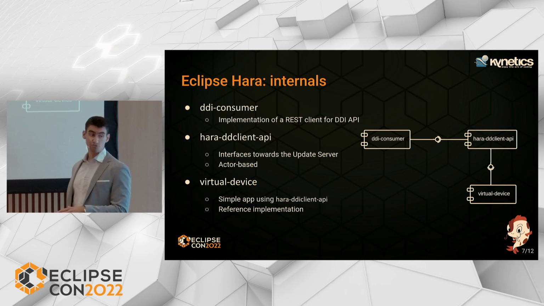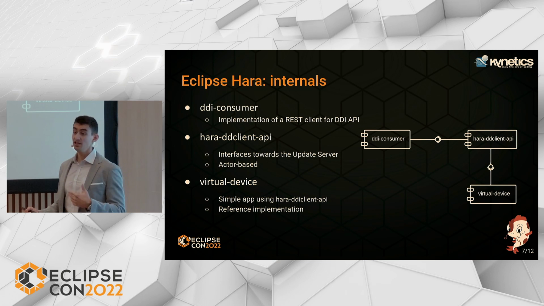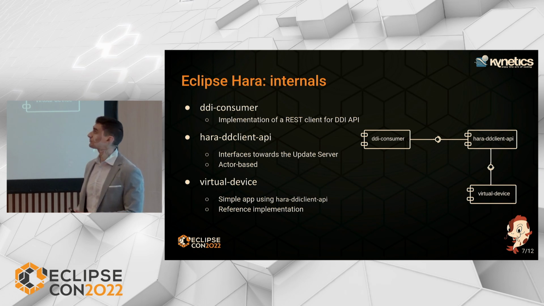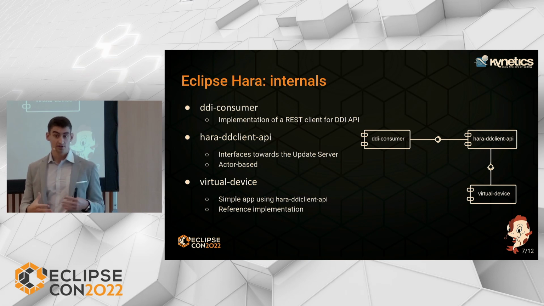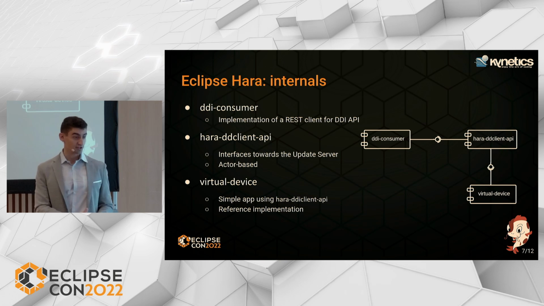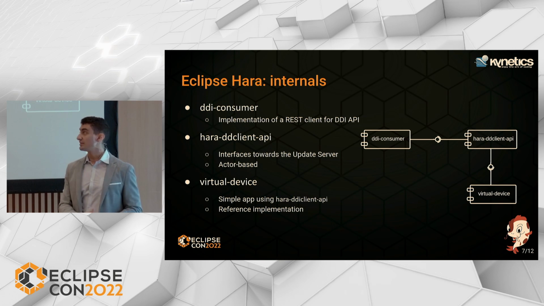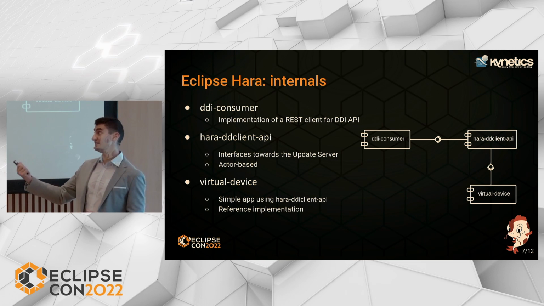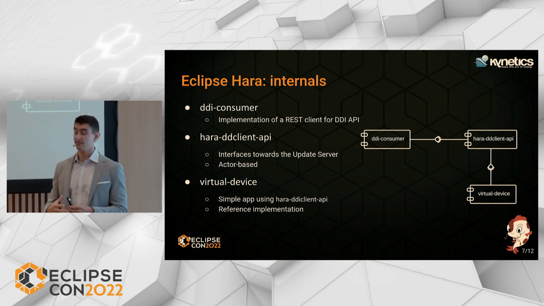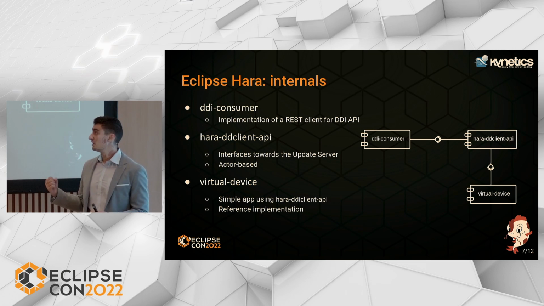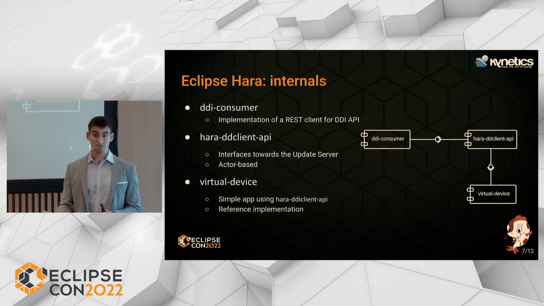There is a DDI consumer, which is basically a wrapper around a REST client interacting with the DDI API from hawkBit. Now, this is just a component turning hawkBit REST entities into Kotlin objects. These Kotlin objects are then used by the hara-ddiclient client API, which is the actual library, a set of interfaces, a framework towards the hawkBit update server.